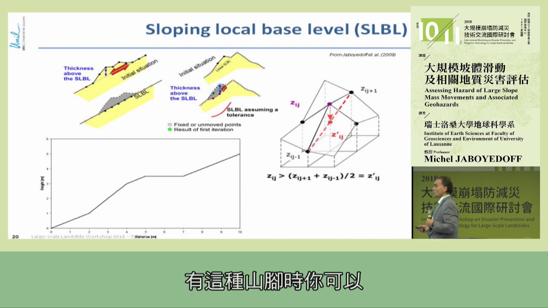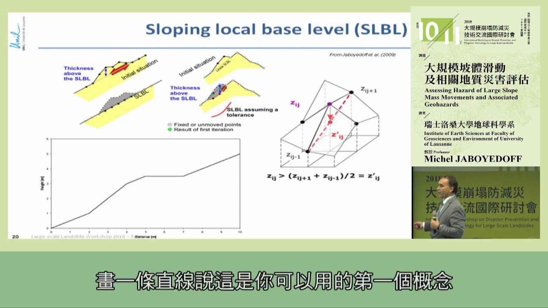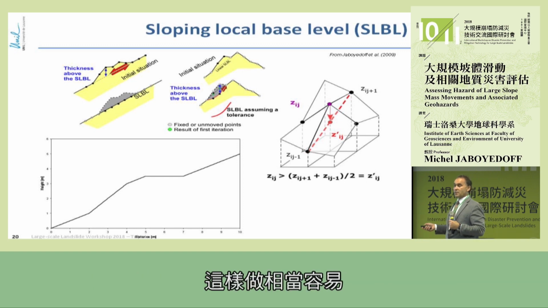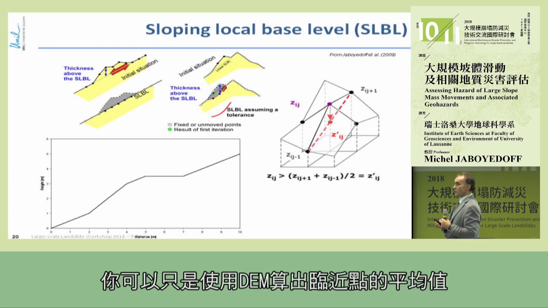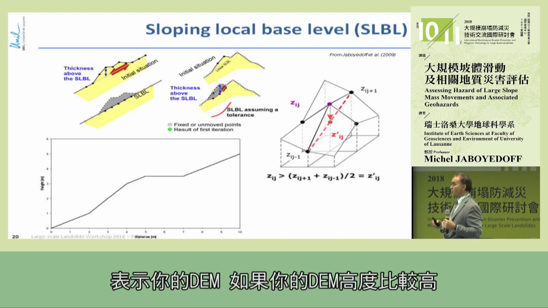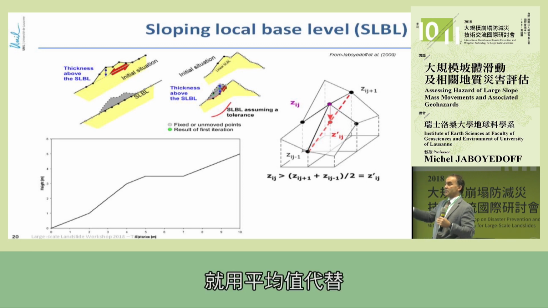The thing is, when you have a spur like this, what you can do is make a straight line, saying this material can be the first that you can erode. And then numerically it's rather easy to do that. You use a DEM, and then you take the average of your neighboring points in altitude in your DEM, and if the altitude in the DEM is higher, you replace it by the average.